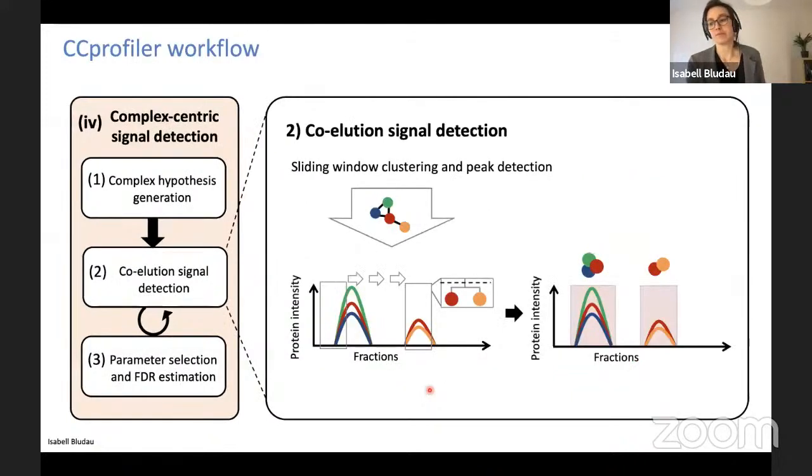So now we go to the coelution signal detection, and here we implemented a sliding window approach, where we go over the fractionation data and try to find regions where our target proteins are highly correlating, and we perform a peak detection.